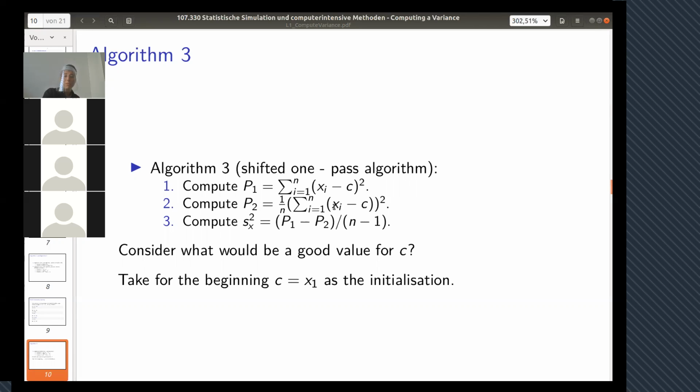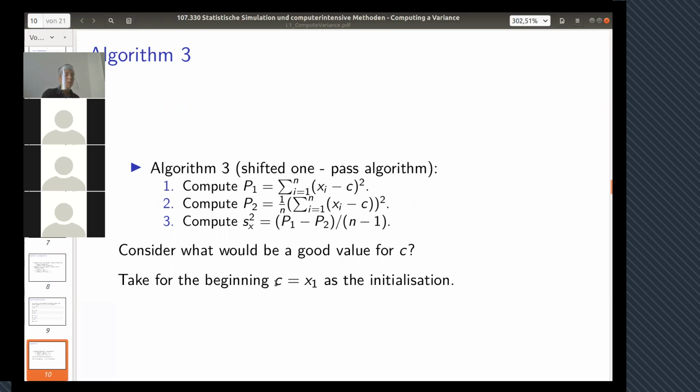This is the variance decomposition formula, but with a shift of a constant. One question which you will be asked to work on through your assignments is, what is a reasonable value for this c?